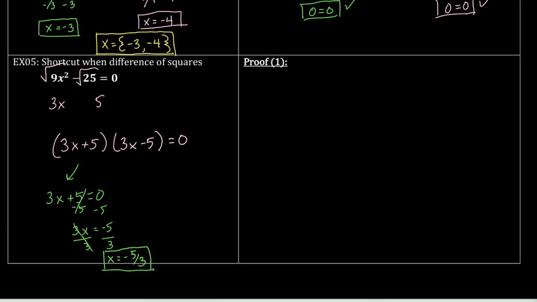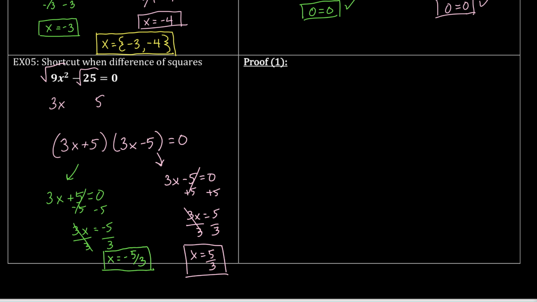Now let's do it again on the next one. So plus 5 this time. 3x equals 5, so x equals 5 over 3. Okay, that one is not too bad. So anytime you see prove 1, that means you don't have to prove both of them.